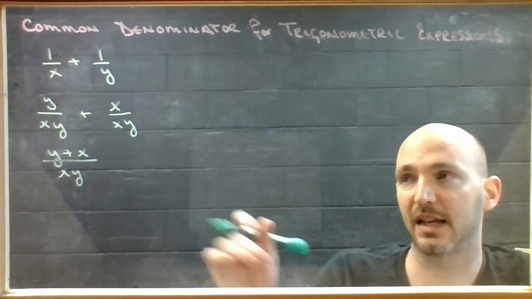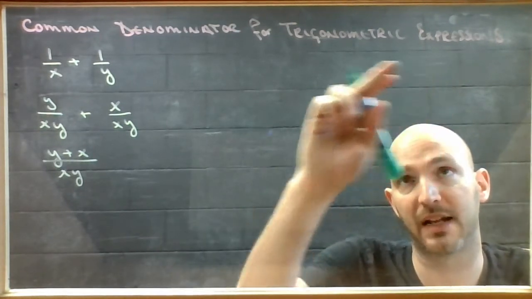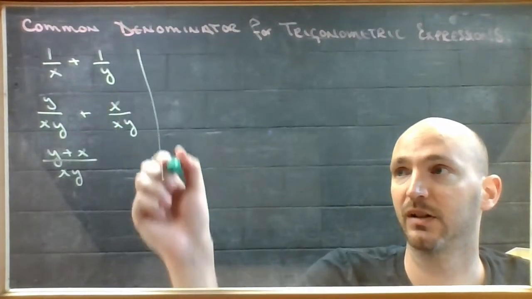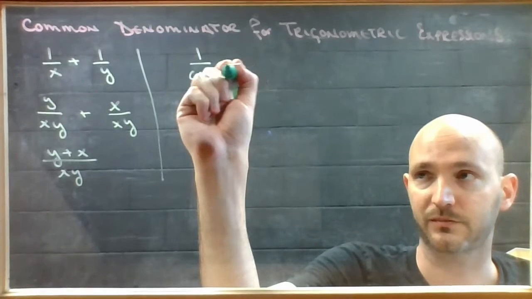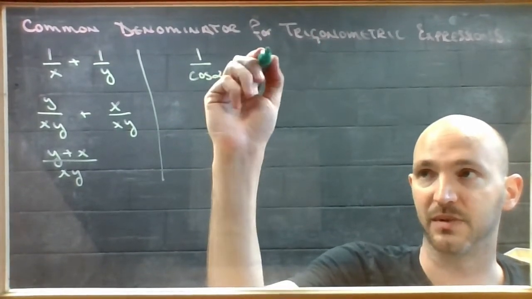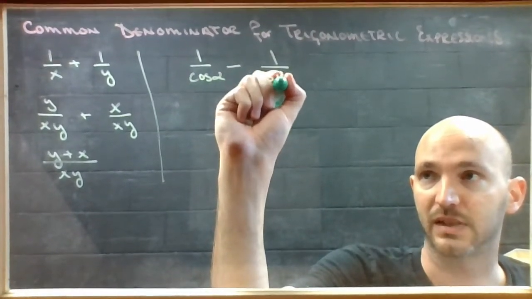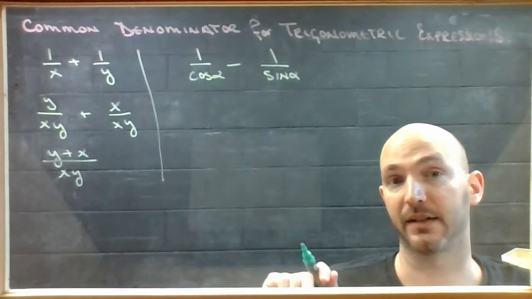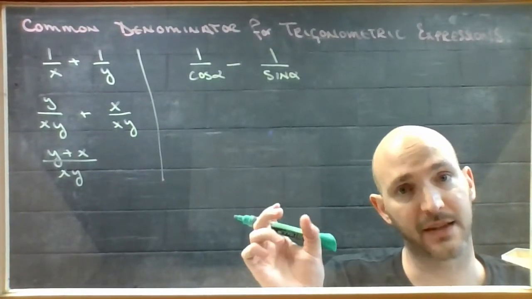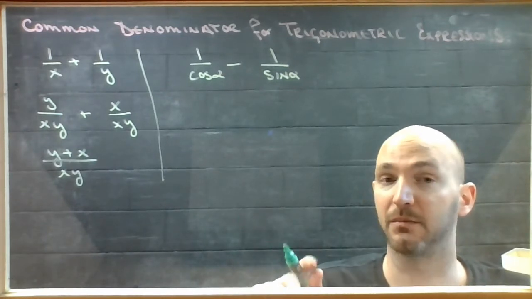So if I took this same example and made it about trig functions, 1 over cos alpha, let's throw a minus in there just to be spicy, or sine alpha. This denominator is not that denominator. So if I want to write them as a single fraction, I'm going to have to make them match.